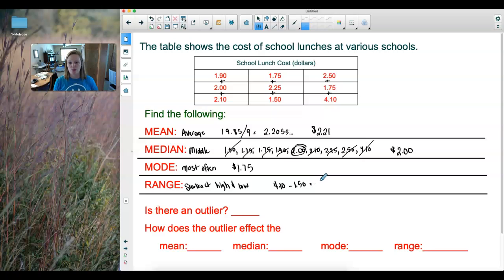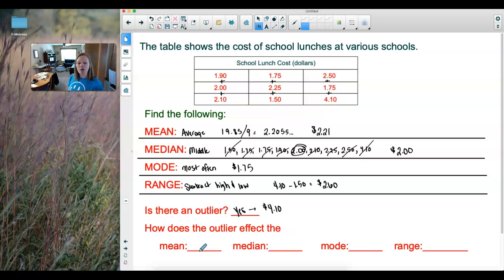So there is a spread of $2.60. Okay, now in this case it asks, is there an outlier? And we would say yes, there is. Okay, this school lunch price of $4.10 is a lot higher than all the rest. It's still not crazy expensive, but $4.10 is a lot more than $1.50.